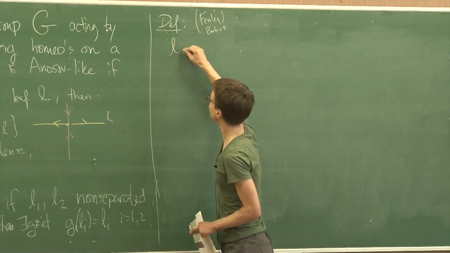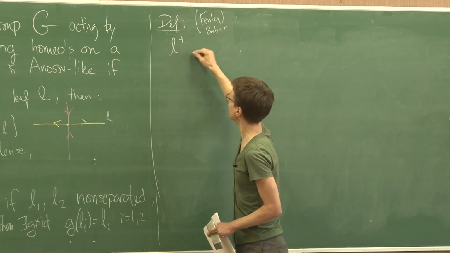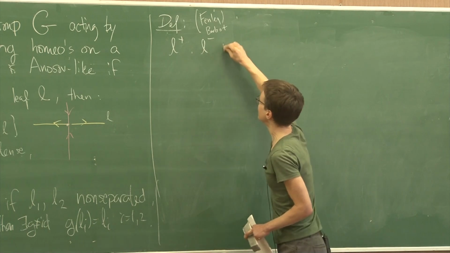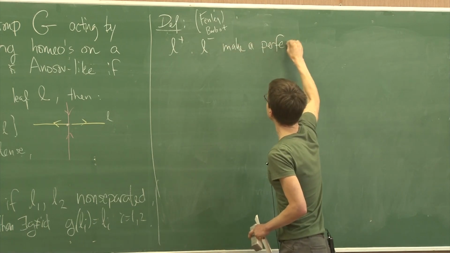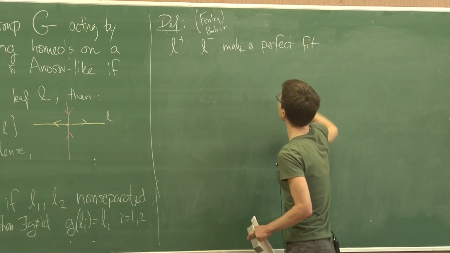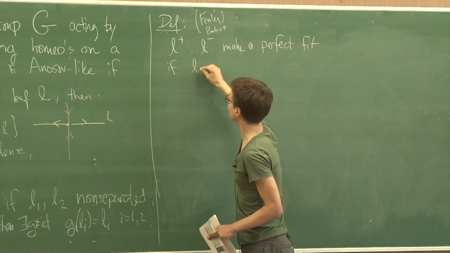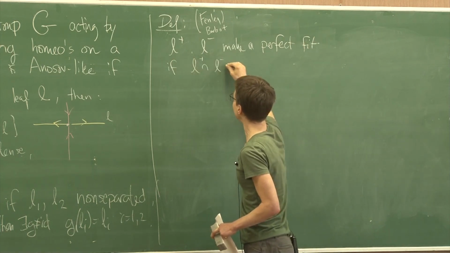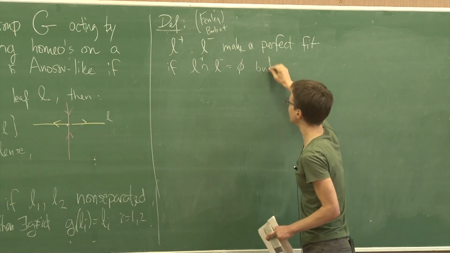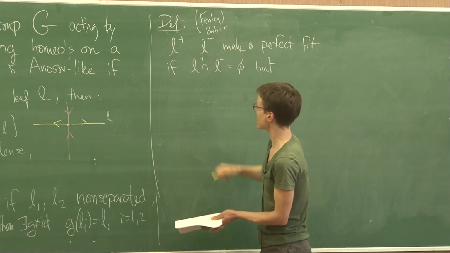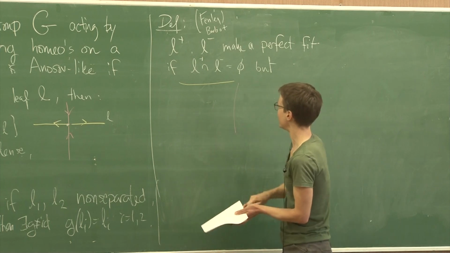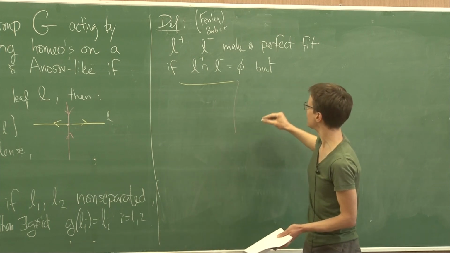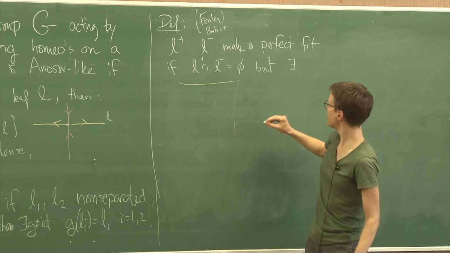Two leaves, let's say L plus and F plus and L minus and F minus, are said to make a perfect fit if they don't meet, but this kind of picture happens. There exist little leaf segments.